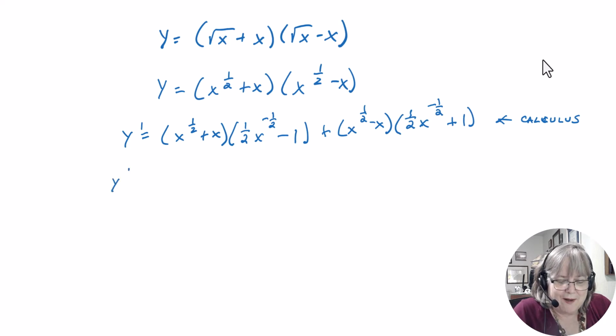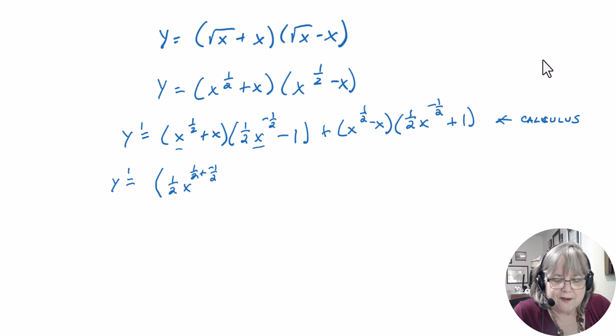Okay, so y prime is, this is going to be the FOIL method. So what we have is first 1/2 x. A base raised to a power times the same base raised to a power, you write the base down and add the powers. So it's going to be 1/2 plus a -1/2.